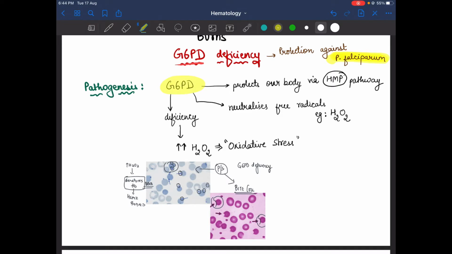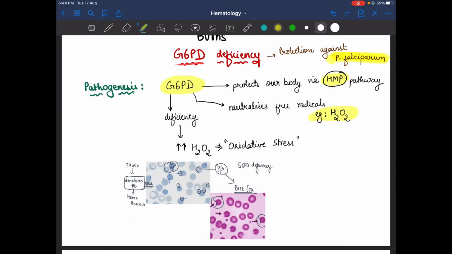Normally G6PD, glucose-6-phosphate dehydrogenase, protects our body via the HMP pathway, that is the hexose monophosphate pathway. G6PD neutralizes free radicals, for example H2O2.